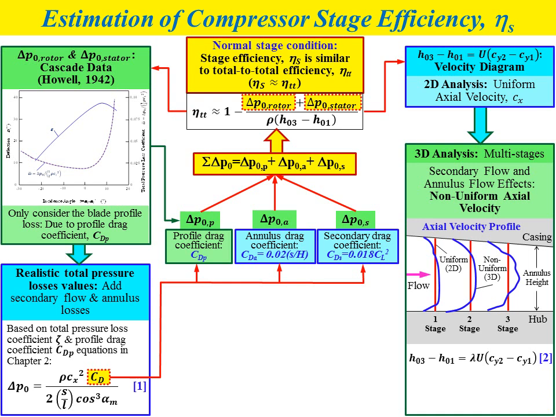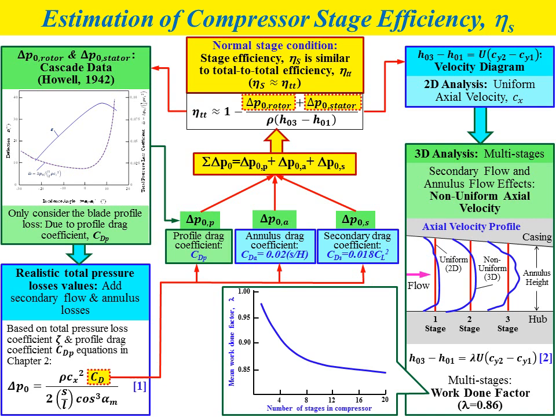Thus, in order to obtain the actual work H03 minus H01 for the three-dimensional case, we need to add one parameter, lambda, multiplied by U(Cy2 minus Cy1), represented by equation number 2. Lambda represents the work done factor, and normally we use this lambda value for a multi-stage compressor. For a typical multi-stage compressor, the value of lambda is around 0.86.